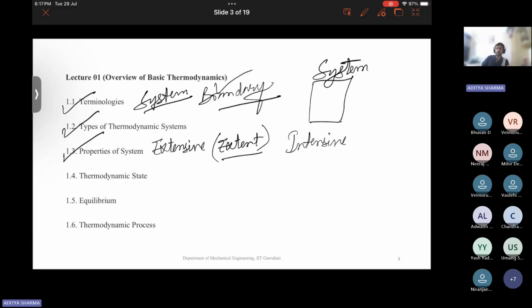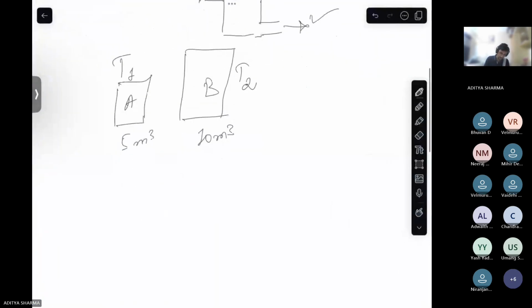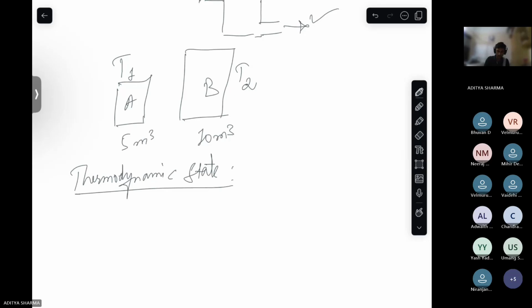When we are studying some system, let's say there is some gas, and we want to put things in perspective.